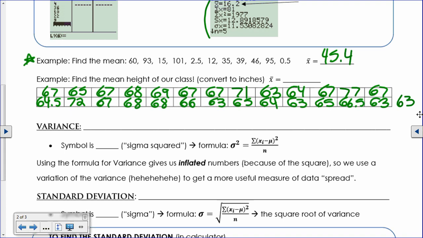Yes, all of them in one column. Yeah, so you're the third tallest person in the class. I know.